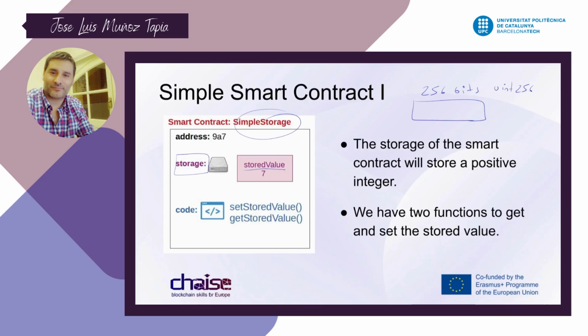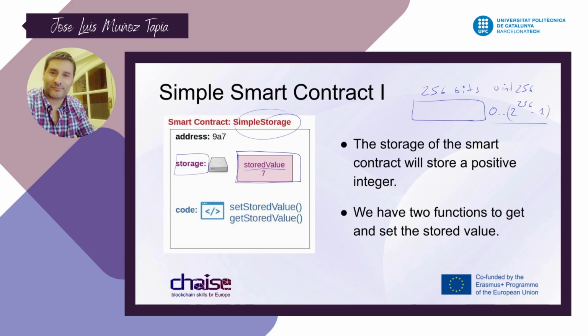So the storage of the smart contract is going to be just a box with a positive number, a positive number that goes up to 2 to the power of 256 minus 1. Potentially, we can store a very big number here. So this is the storage of my smart contract.